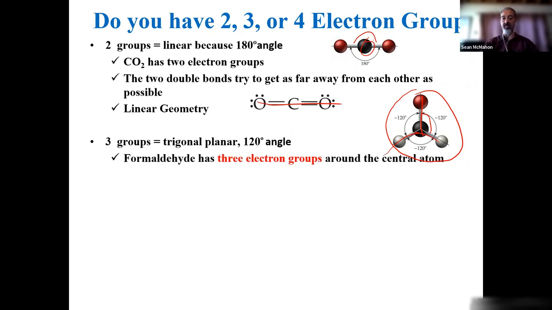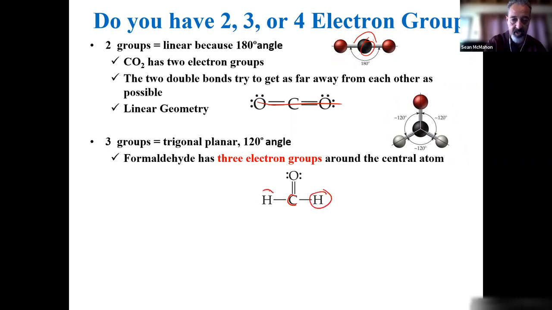So this is an example of formaldehyde. Formaldehyde is a molecule that has 3 groups around the central atom. So what are the 3 electron groups? Well, carbon's the central atom, and I have hydrogen, that's 1, another hydrogen 2, and the oxygen, so I have 3 groups. So I'm going to spread those 3 groups as far away as possible. That's going to give me trigonal planar.